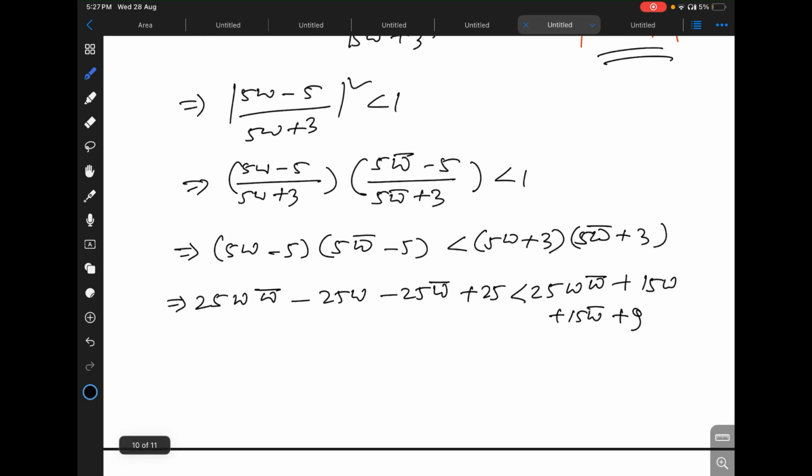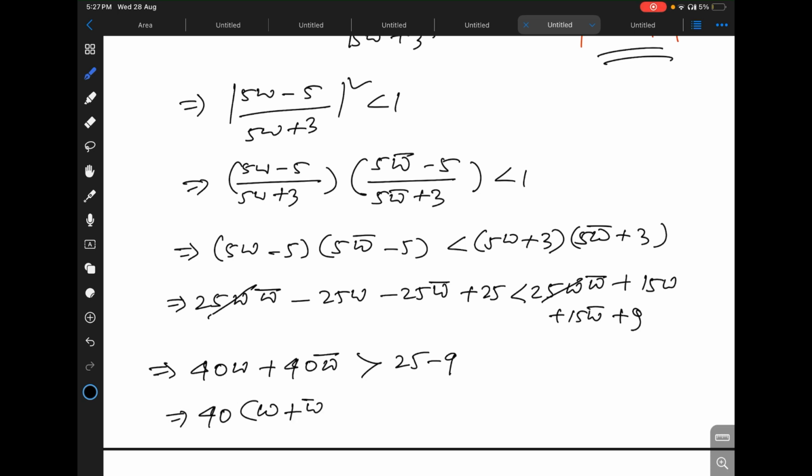Now just look carefully, the 25 omega omega bar will be cancelled out from both sides. Now we take all omega and omega bar to one side and 9 to the other side. So we will have 40 omega plus 40 omega bar greater than 25 minus 9. So just take 40 common, omega plus omega bar is greater than 16.